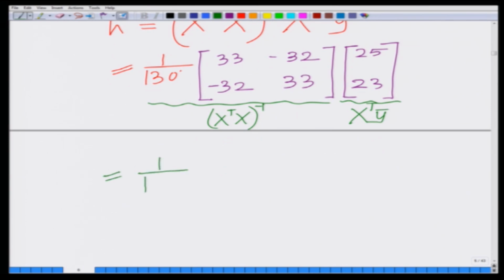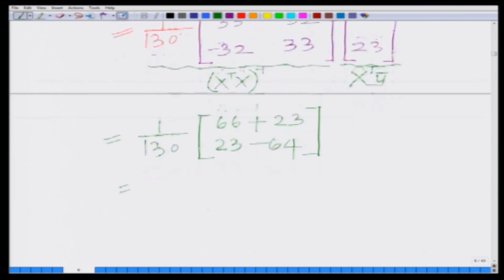This is basically 1 over 130 times [66 + 23; 23 - 64].